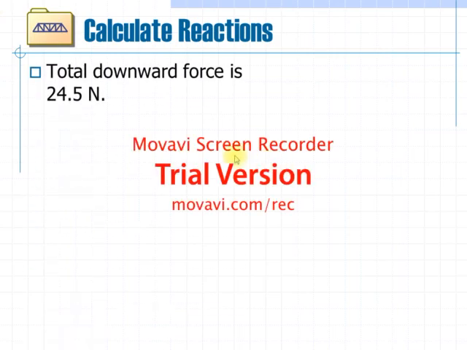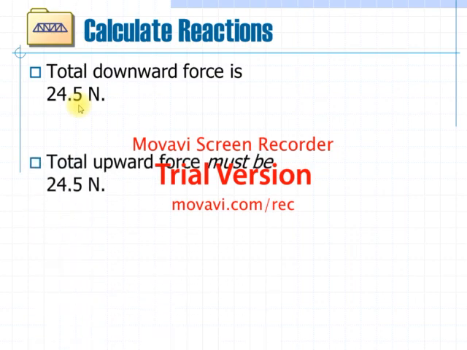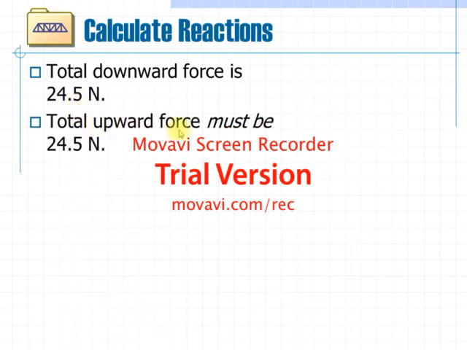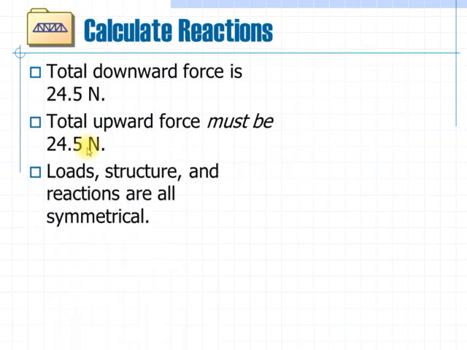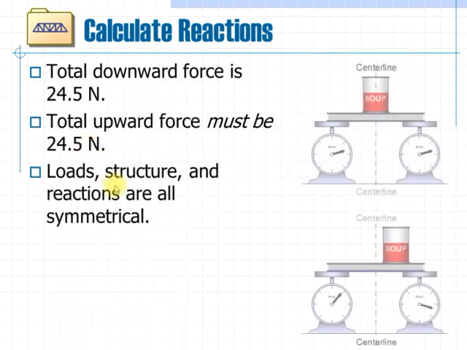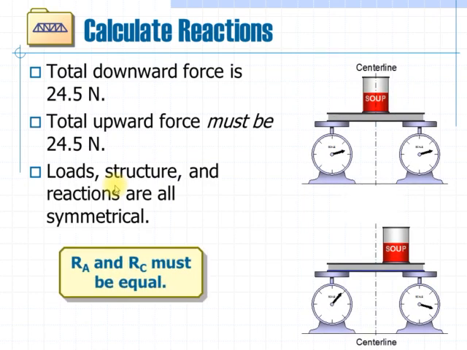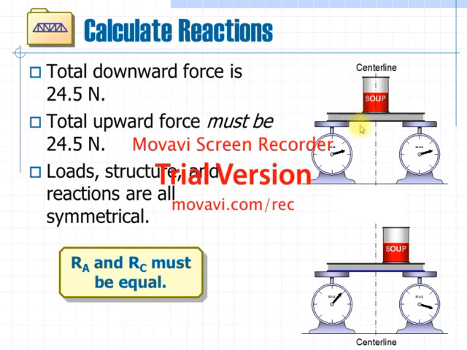Now we calculate the reactions. The total downward force is 24.5 Newton. The total upward force must be 24.5 Newton to satisfy the condition of equilibrium. Hence, the force is acting at the center of the truss.